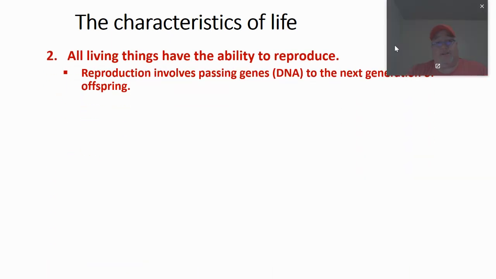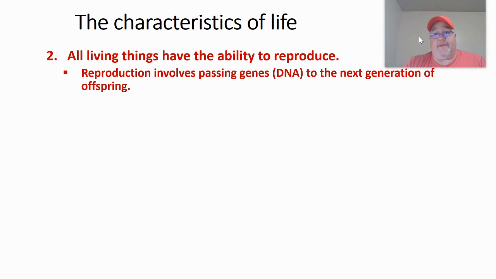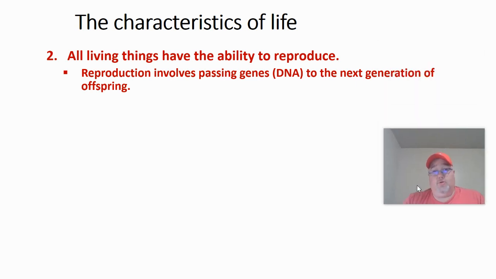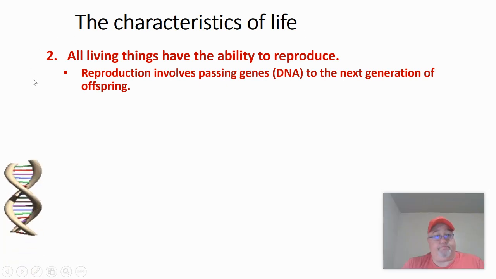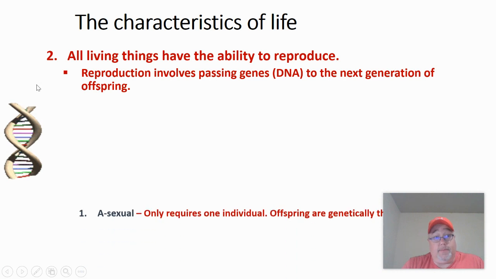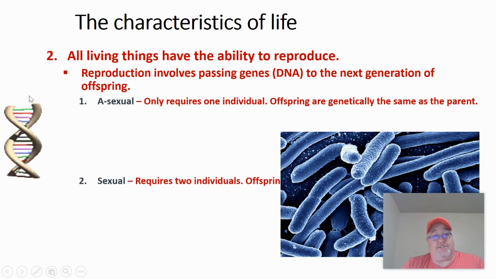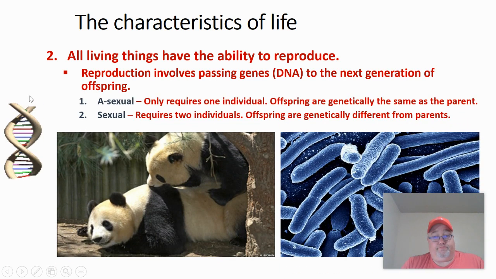All right, the next characteristic: all living things have the ability to reproduce. Reproduction involves passing genes or DNA to the next generation of offspring. When it comes to reproduction, I think maybe we have some inkling that there are different types of reproduction.